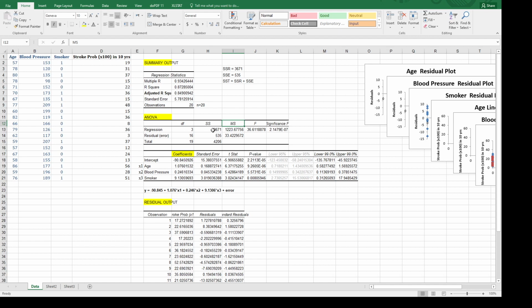Okay, and so we have mean square due to regression, and that is effectively this number divided by the corresponding degree of freedom. So you can try it. Let's just write in front here.